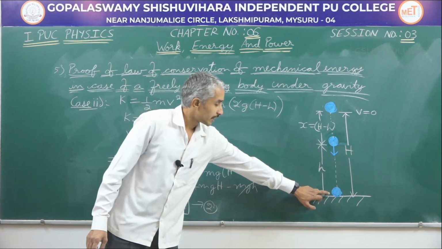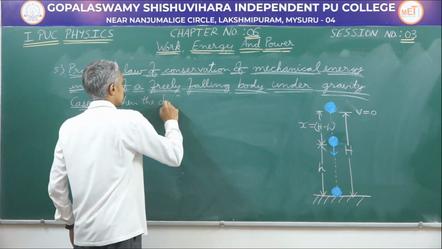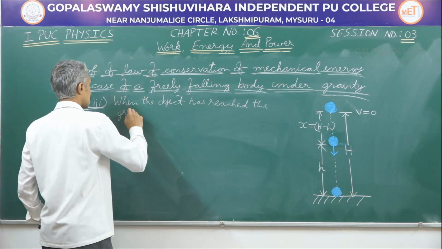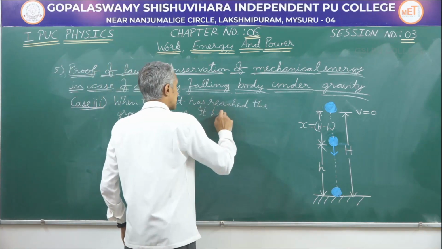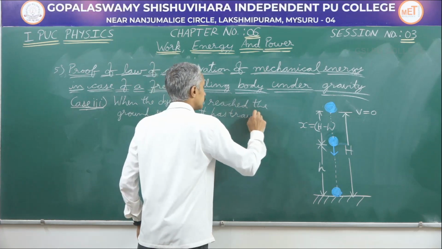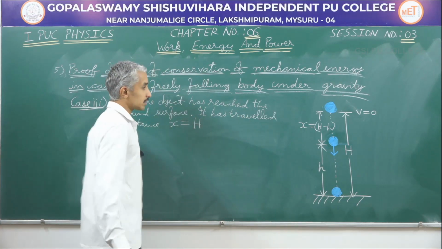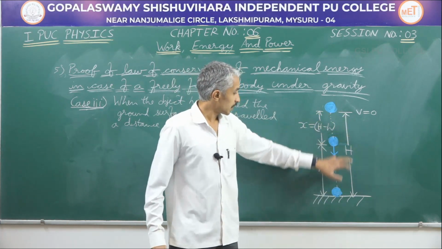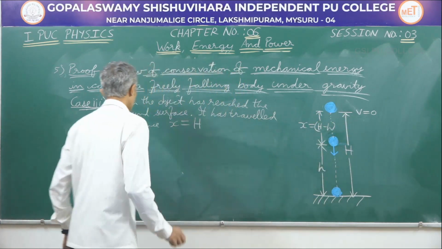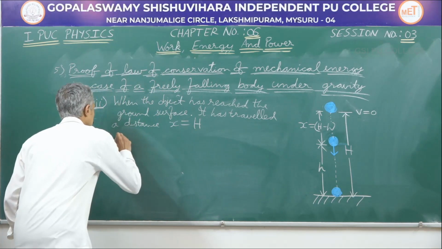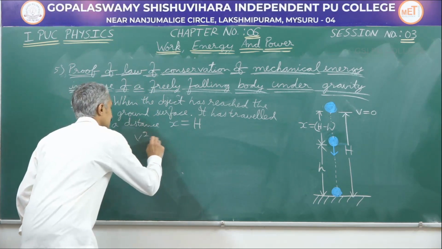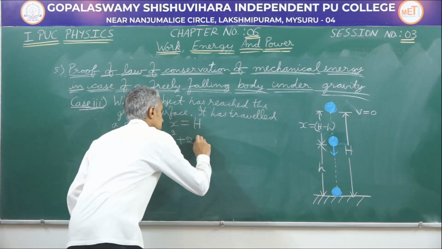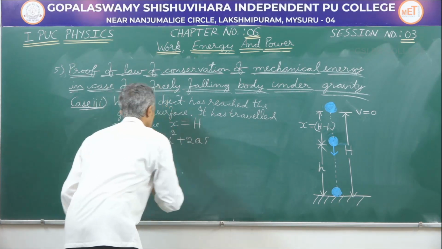The final case, when it has reached the surface. When the object has reached the ground surface, it has travelled a distance x which is equal to capital H. So from the top to the surface it has now travelled a distance equal to capital H. Therefore, the final velocity can be given by v square equals u square plus 2as.